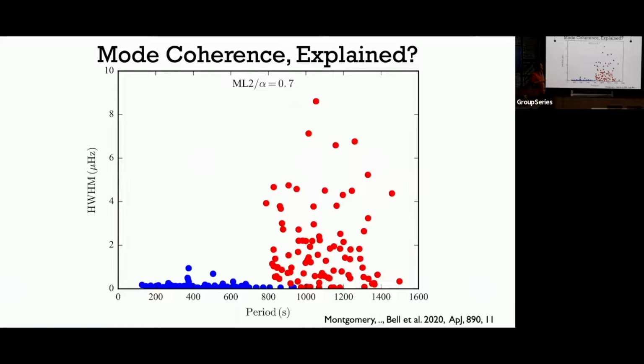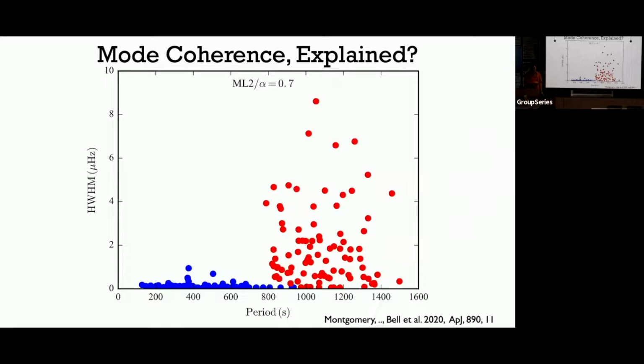And we use this alpha for the mixing length, and we see where that crossing period is for that particular star, and we color code them based on whether they're above or below the crossing period. And that can really reproduce pretty nicely the behavior that we're seeing, this dichotomy of coherence. So that's the first result that I wanted to share from the Kepler era.